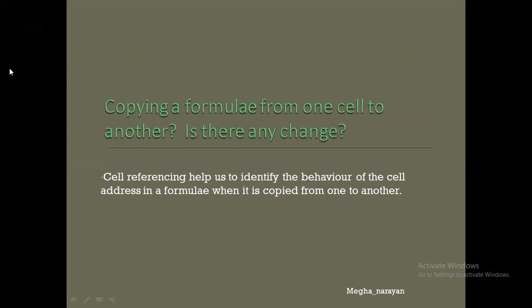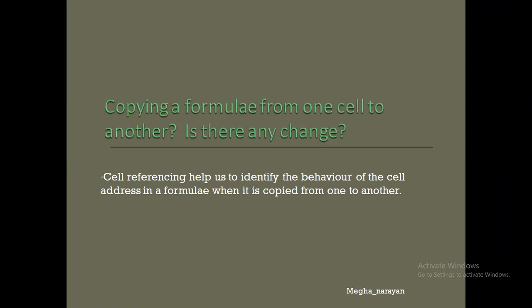Cell referencing is the term which helps us to identify the change in the behavior of a cell address when a formula is copied from one cell to another. Whenever you copy a formula from one cell to another, I have just told you a moment back that there are a few changes. Cell referencing is that term which helps us to identify the change in the behavior.